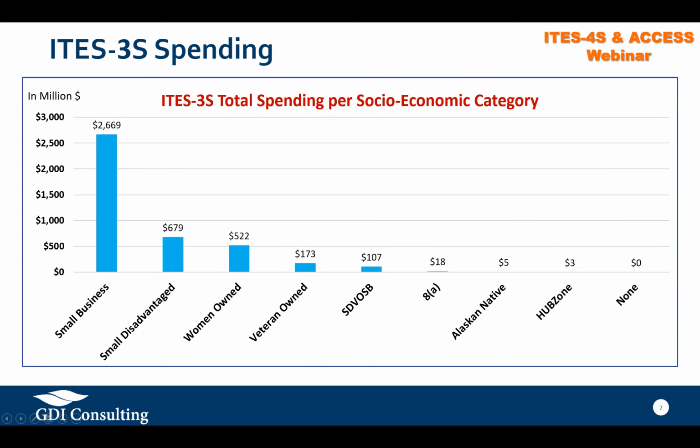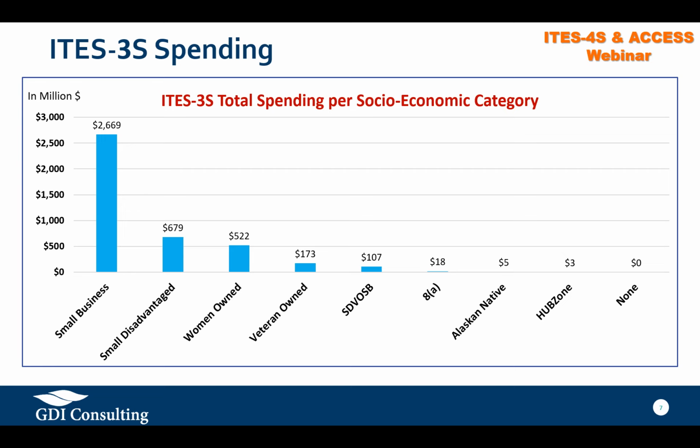So let's look at the socioeconomic categories and how the spending is spread there. Obviously, the largest goes to total small business, but small disadvantaged and women-owned businesses also got a good chunk: $522 million for women-owned and $679 million for small disadvantaged.